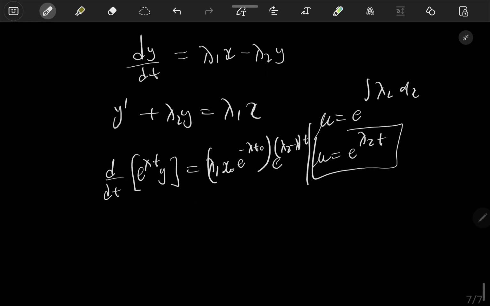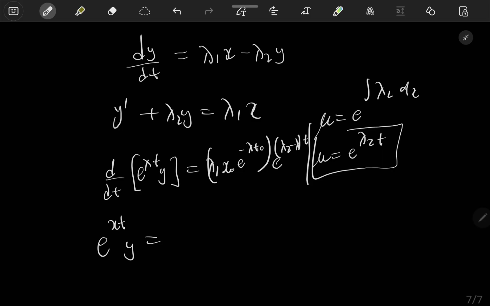So from that we have to integrate both sides. Here we have d dt of e lambda 2 t y. The reason why I plugged in that x is that this is literally more like solving simultaneous equations. I have to take that value and plug it on the other side.